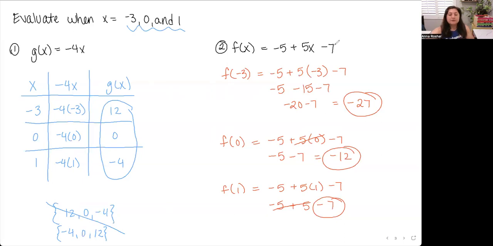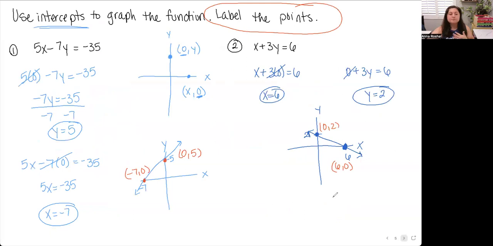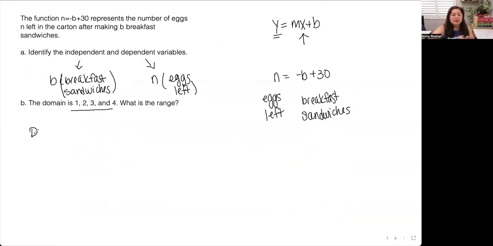I can also do this as well, not an absolute necessity. So if my domain is 1, 2, 3, and 4, and I know that my function is n equals negative b plus 30, what is my range? That's what they're asking us.